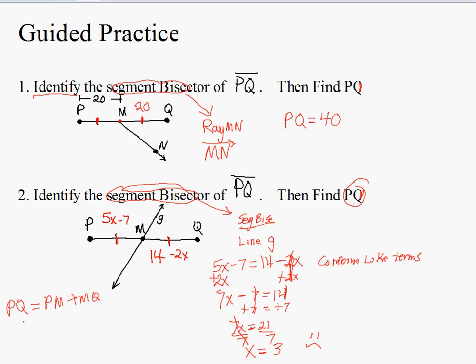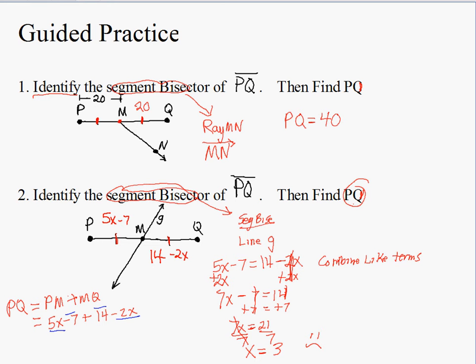I don't know what PQ is, so I'm just going to leave that there. So I have 5x minus 7 plus 14 minus 2x. I'm going to combine like terms: the 5x, the negative 2x, the negative 7, and the 14.